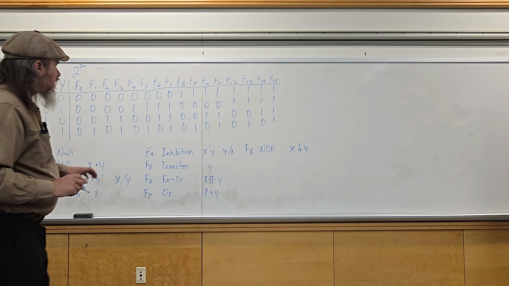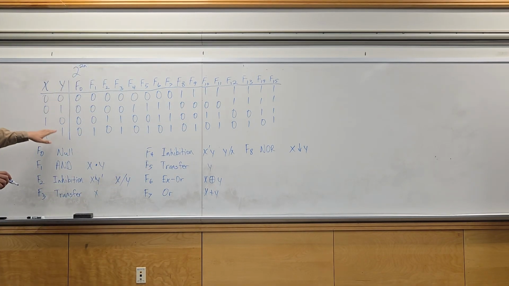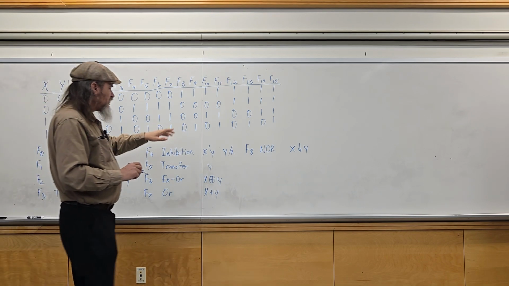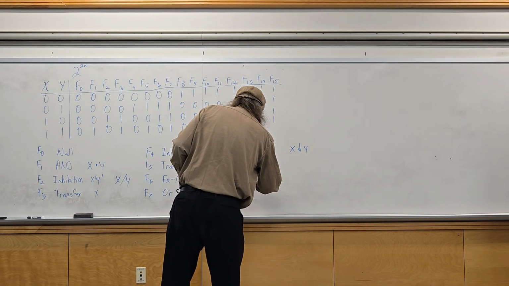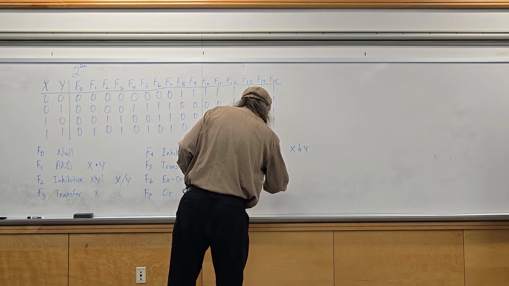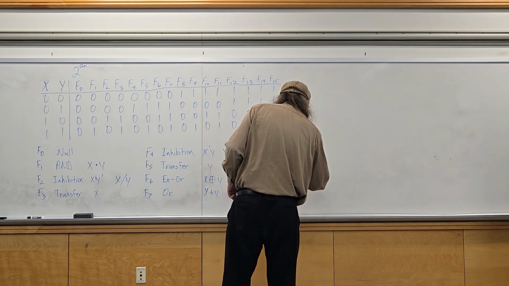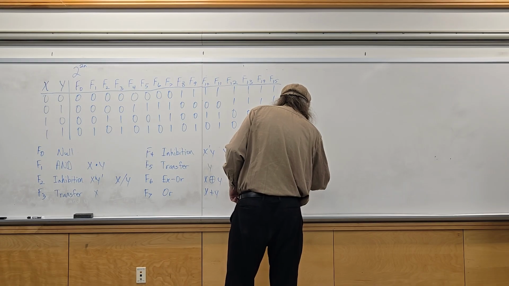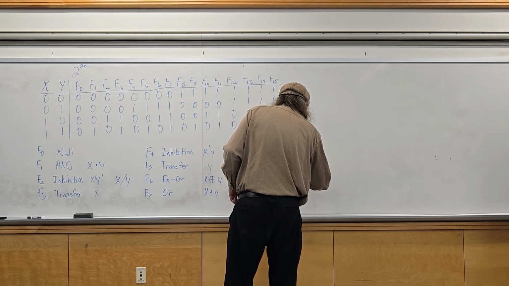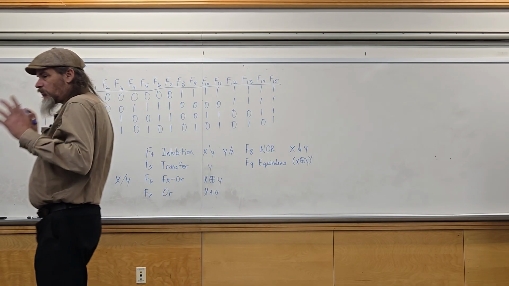Equivalence: when the two input variables are the same, it's called equivalence. That's F9. It's also the exclusive NOR, but it doesn't have a symbol, so you do the X exclusive OR Y, and then prime it all.